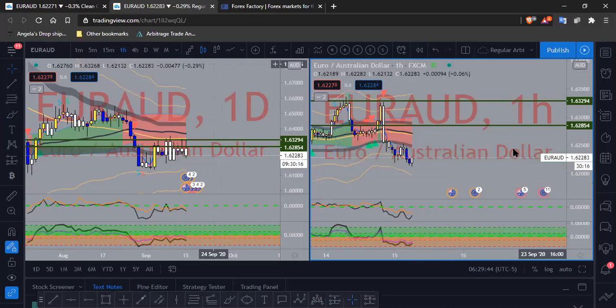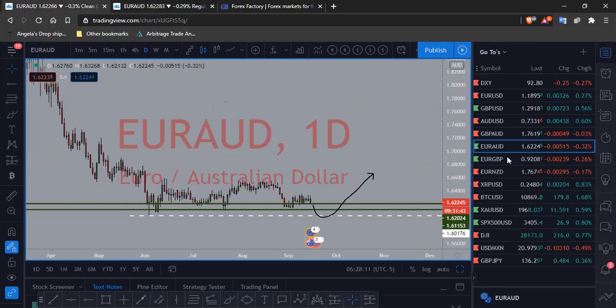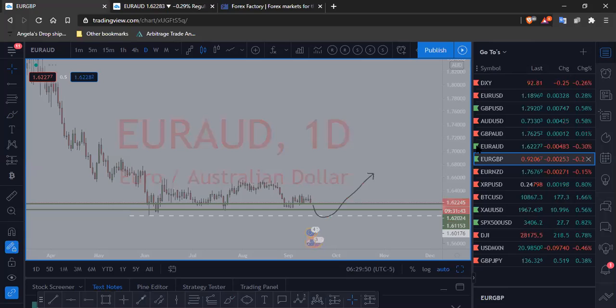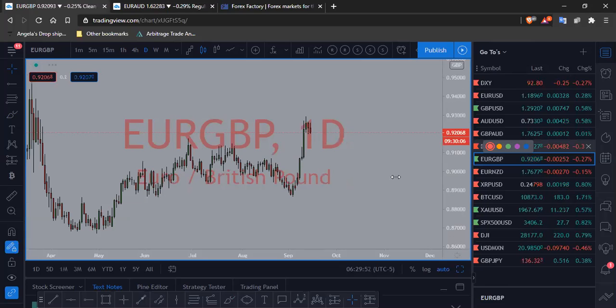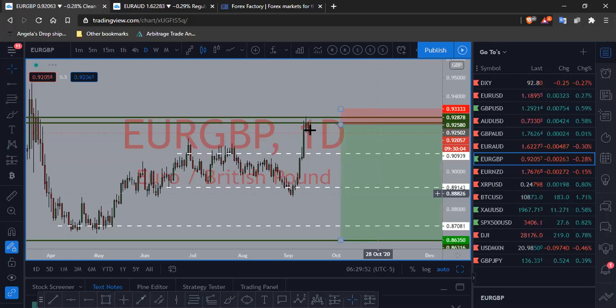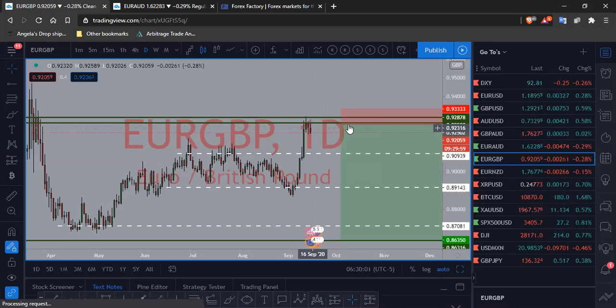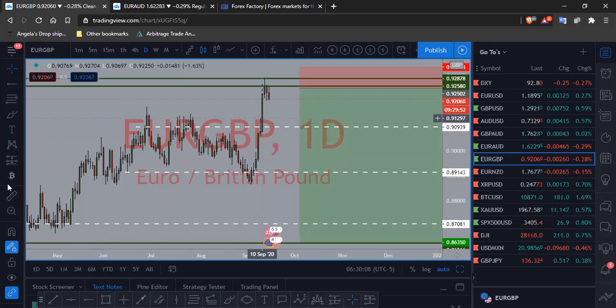All right, let's go on to EURGBP. Oh, before I do that, put that on red. Okay, so I got back into this EURGBP sell. My stop loss did get hit at break even, but I got back into it. It's still at this same 30 pip move.